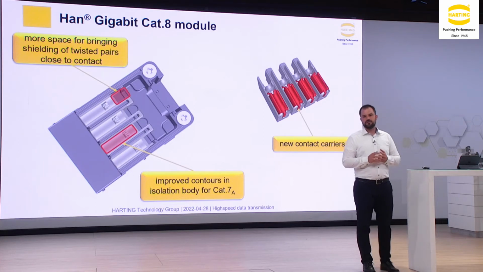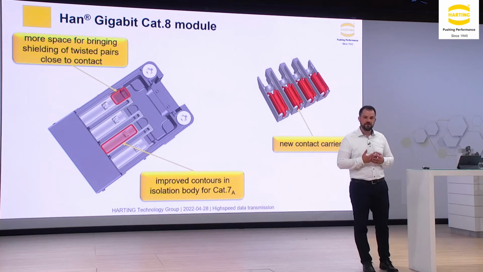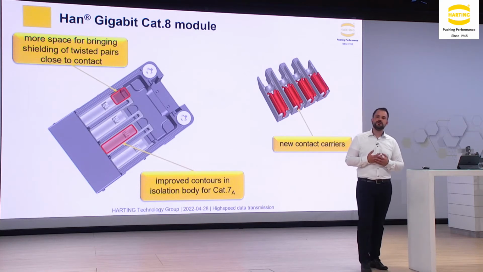The other point that I want to talk to you about is the distance that can be realized with the different categories. Category 5, 6, and 7 can build up channels up to 100 meters. The difference lies in category 8. Category 8 can build channels up to 30 meters.